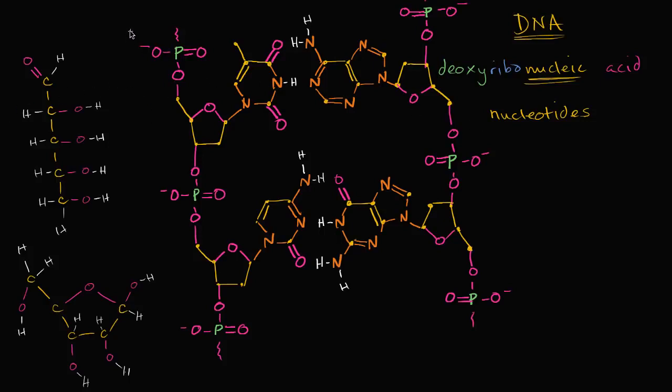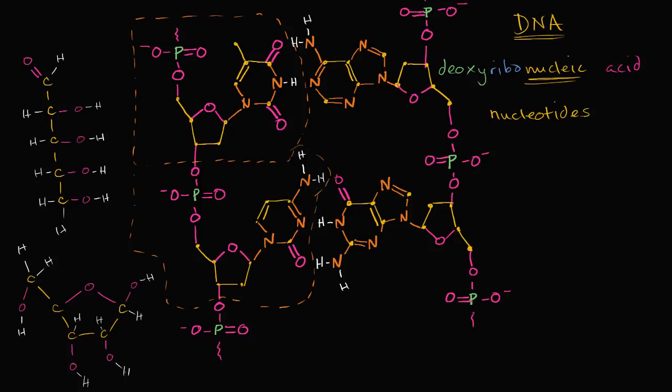And a nucleotide, let me separate off a nucleotide. What I am cordoning off right over here could be considered a nucleotide. So that's one nucleotide, and then it's connected to another nucleotide right over here.